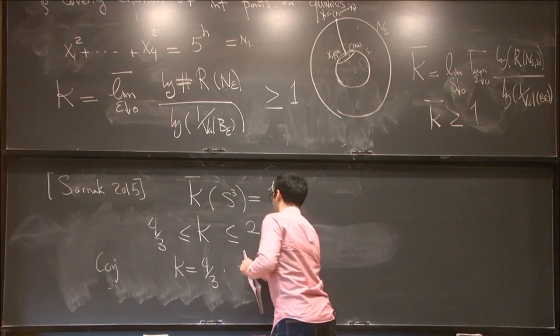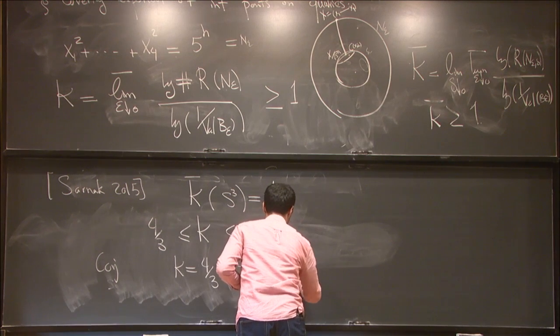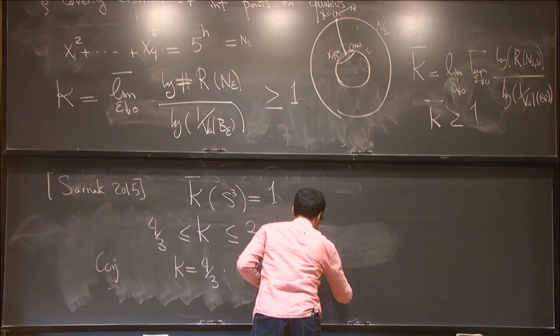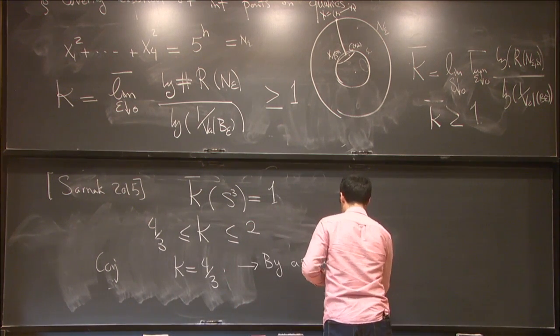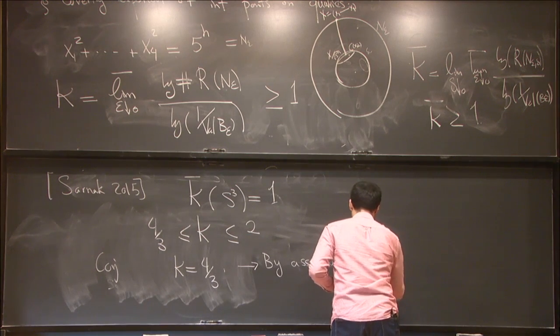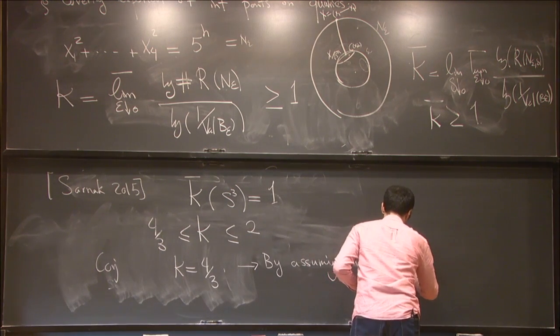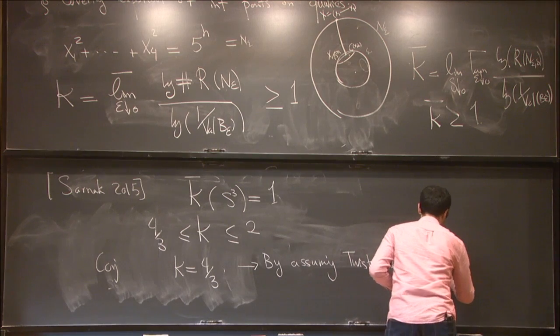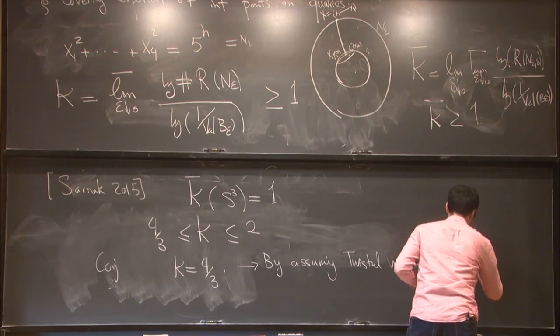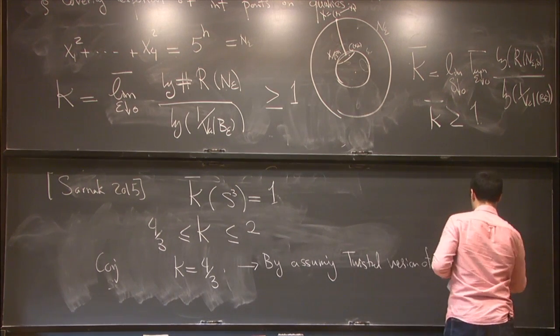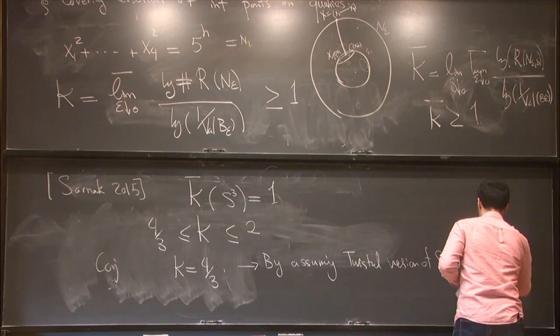This is by assuming a twisted version of the Selberg and Rankin, Selberg and Linnik conjecture.